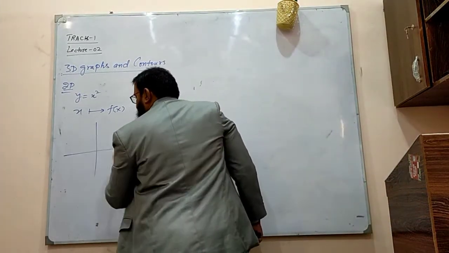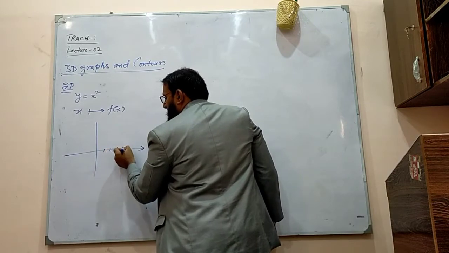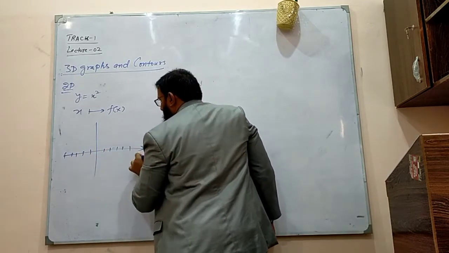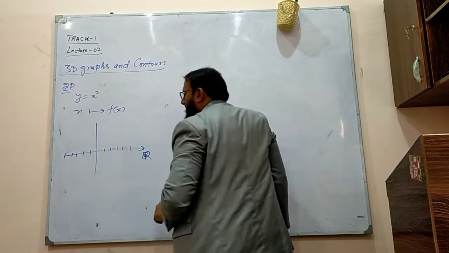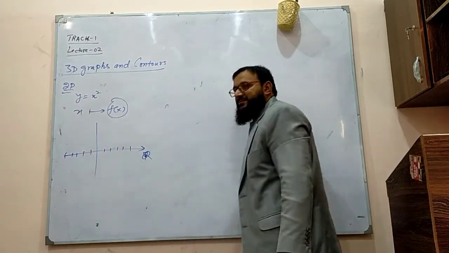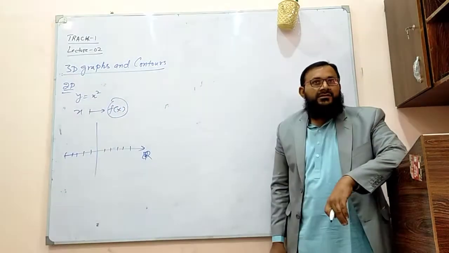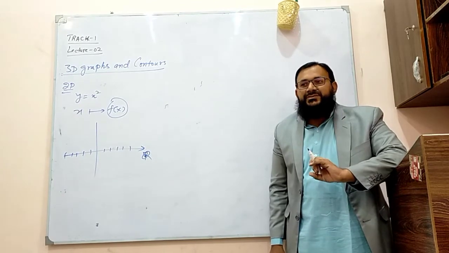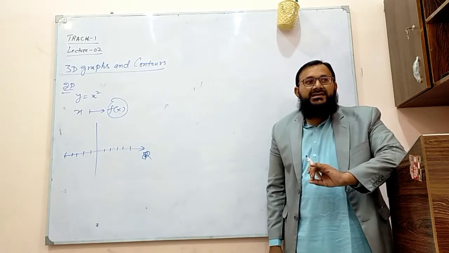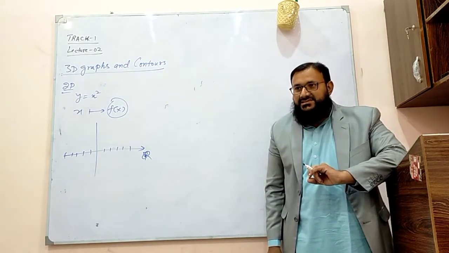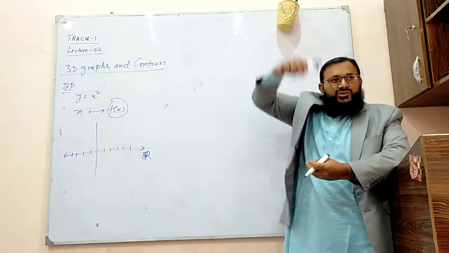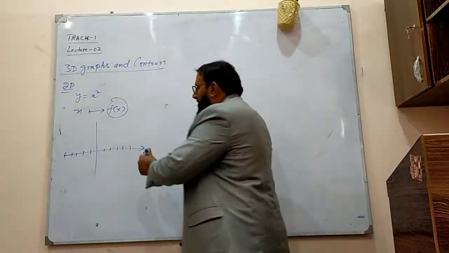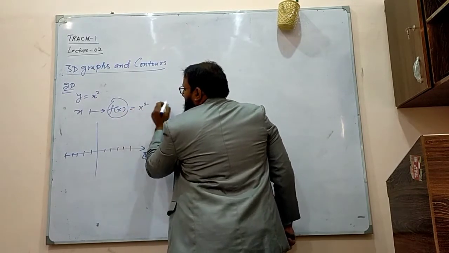What does x represent? x represents any point on this particular line which we call R. And what does this represent? On the y axis, or in other words, we may call it the height above that point x. And height always goes in the y direction. For example, this particular function is taken as x square.